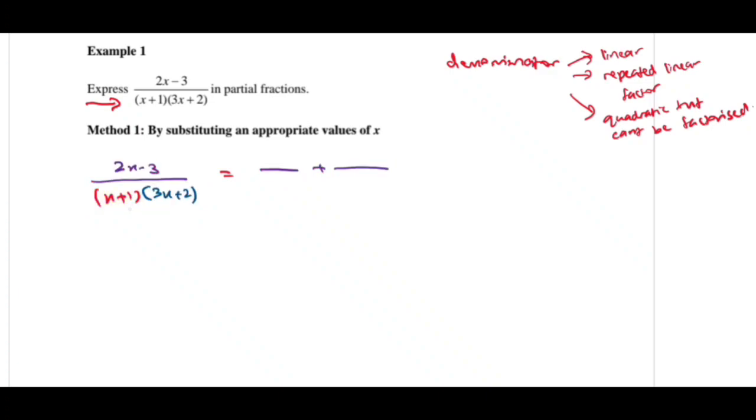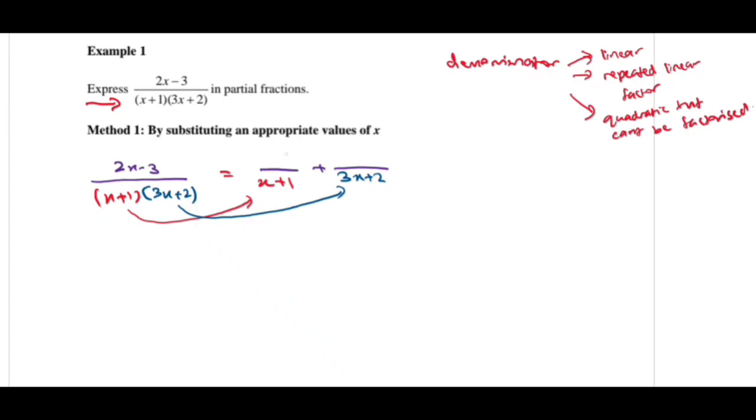And then start by writing down the linear factors one by one. So the first linear factor that I can see is x plus 1. The next one is 3x plus 2. Write it as the next fraction. Separate both of them with a plus sign in the middle. And then what should be on top of these fractions?